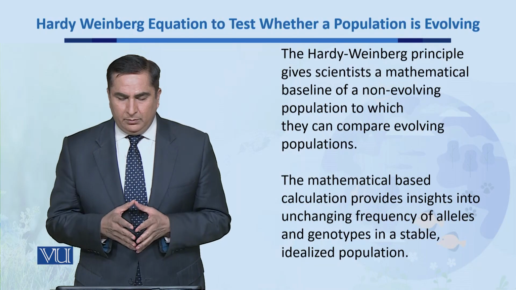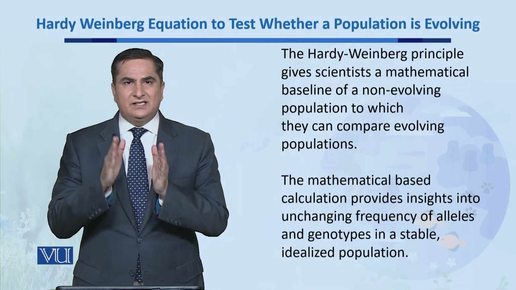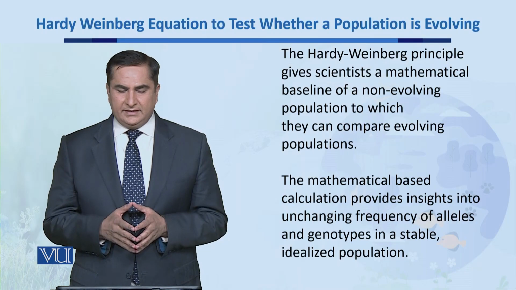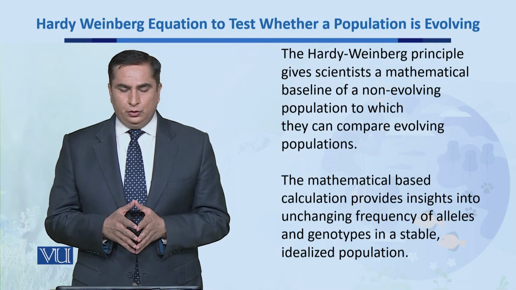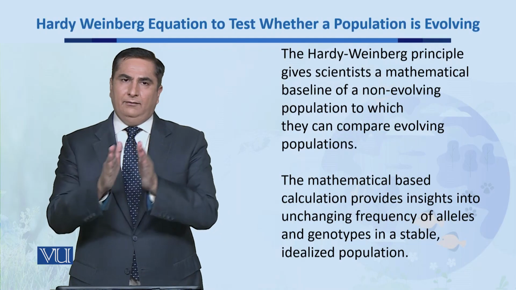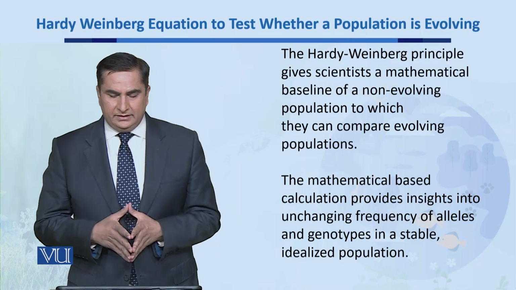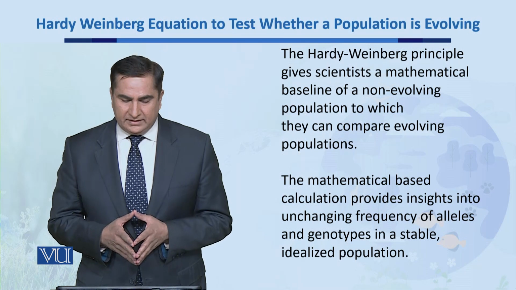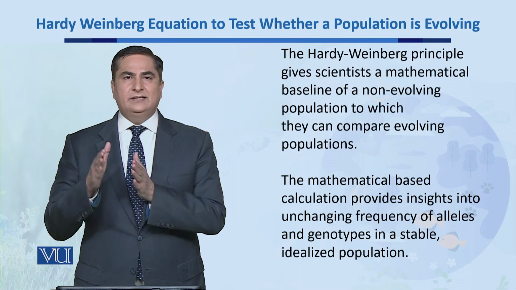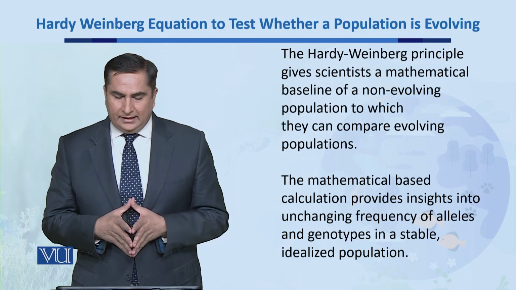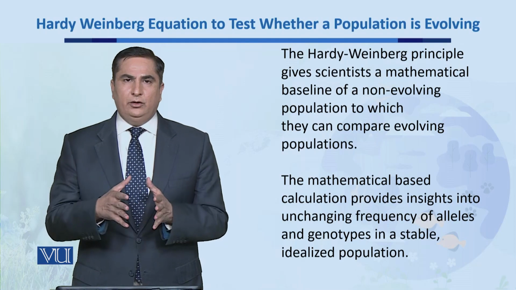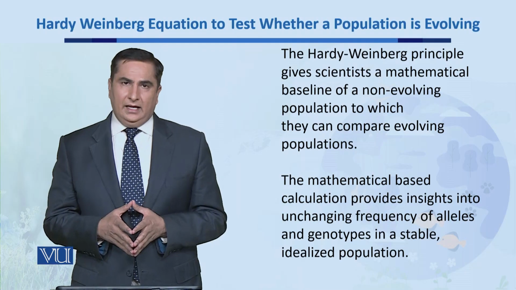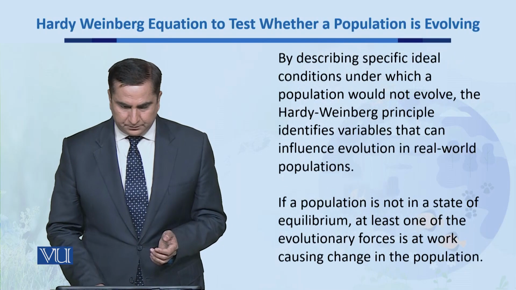The Hardy-Weinberg principle gives scientists a mathematical baseline of a non-evolving population to which they can compare evolving populations. This mathematical calculation provides insight into the unchanging frequency of alleles and genotypes in a stable, idealized population.